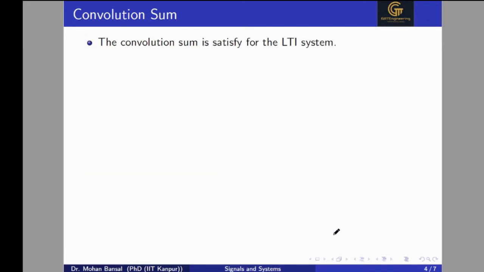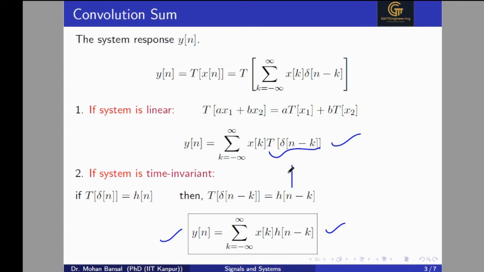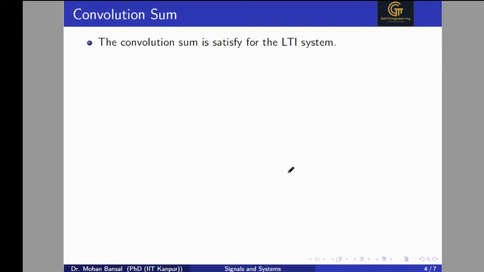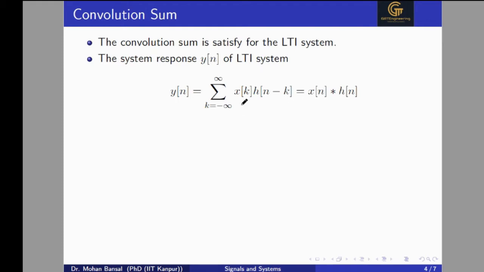Here we have seen that the system is linear and time invariant, so the convolution sum is suitable for the LTI system, the linear time invariant system. It can be represented by the summation of k equal to minus infinity to infinity x[k] h[n minus k], and can be written as x[n] convolved with h[n].